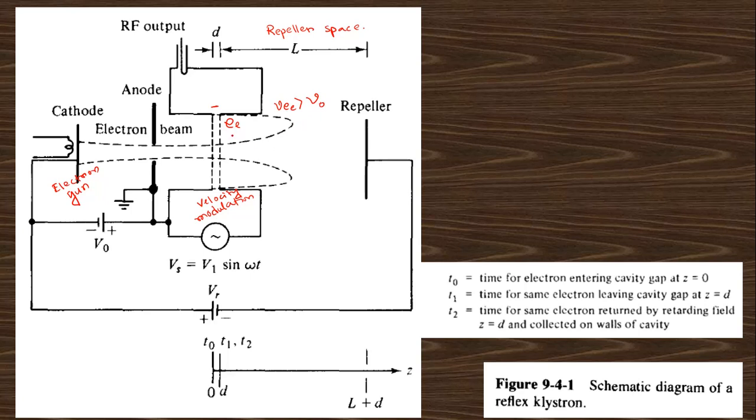So the enhanced energy electron goes a larger distance, because the energy of this electron increases, and this is the repeller, which means there is a negative pole connected here. So this repeller actually repels, and because this energy is enhanced, it takes a long path.